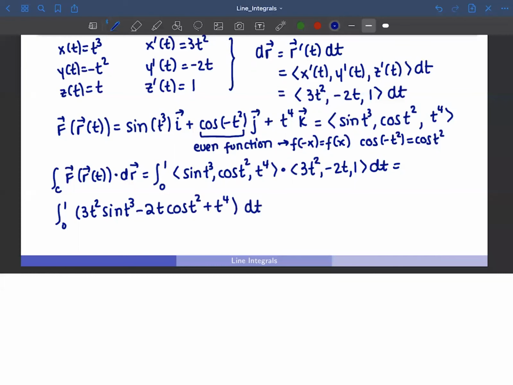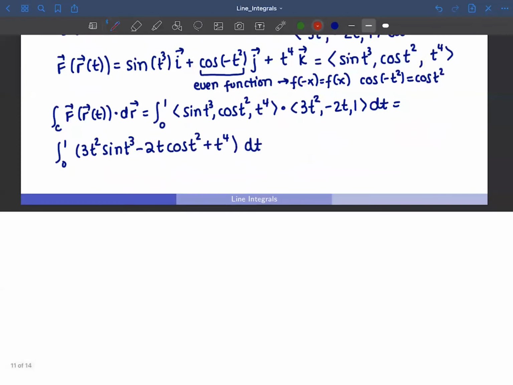For the first term of the integral, we'll have to do a u substitution. Substituting u with t to the third, we'll have that du is equal to 3t to the square dt. So therefore, 1/3 du is equal to t to the square dt.